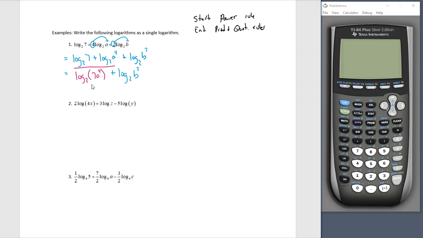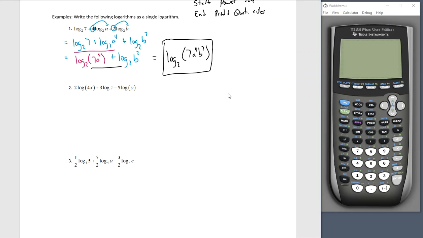And then we can combine these 2 to give us log base 2 of 7a to the 4th b squared. All the logarithms were positive to begin with, so we have no denominator. All right, all we're doing is going backwards on the 3 examples we did on the previous page.